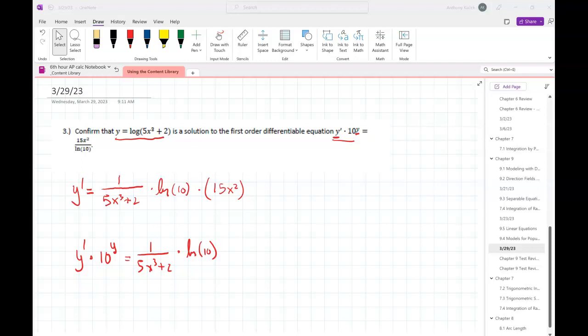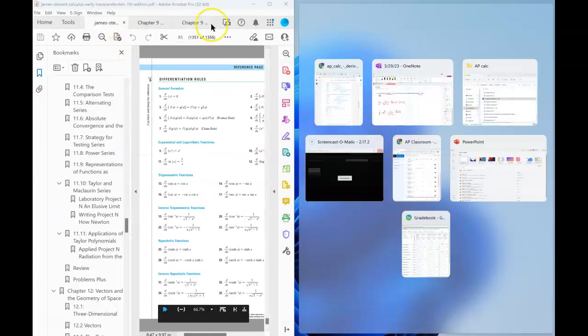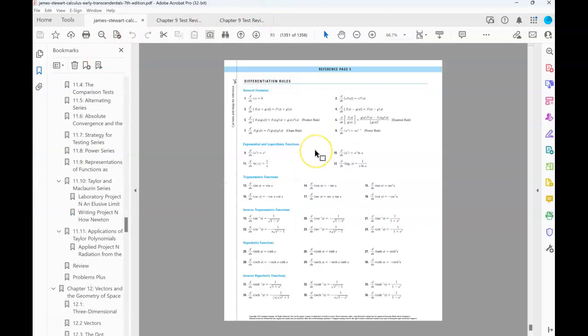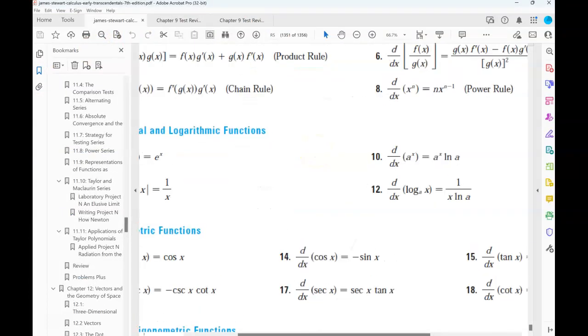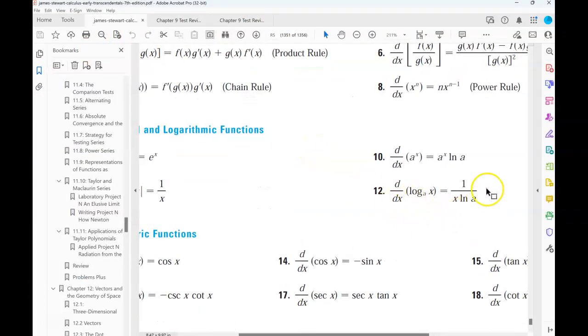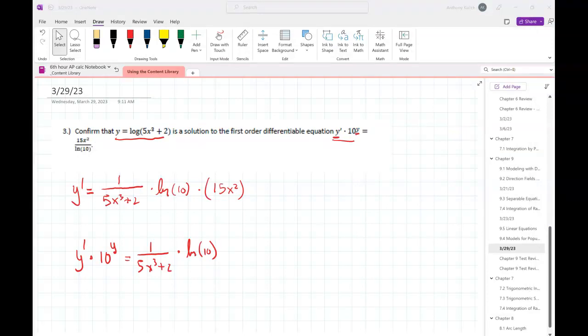Yeah. So just to remind you guys, it's 1 over the natural log of 10 there. So don't forget that stuff.